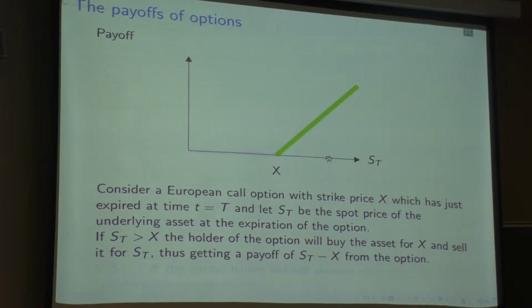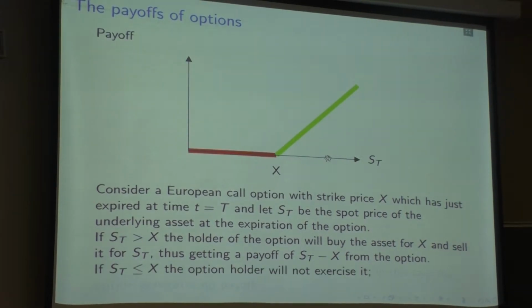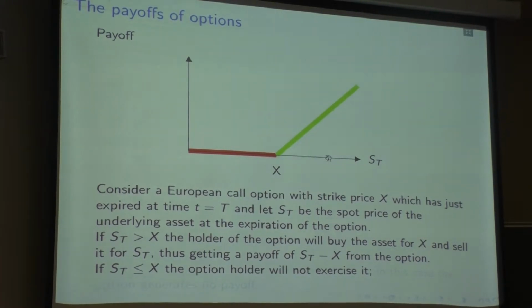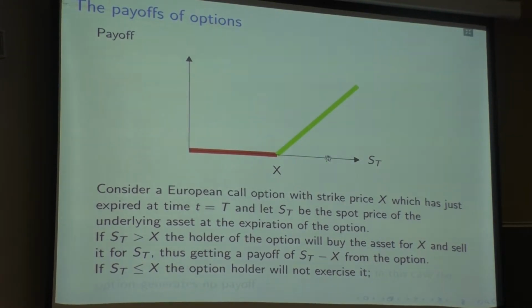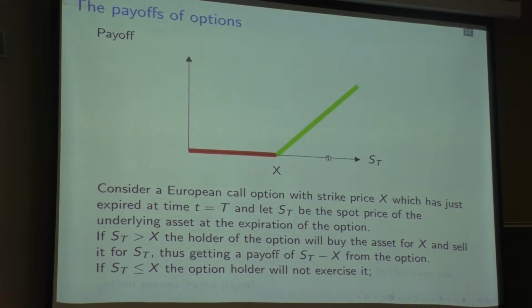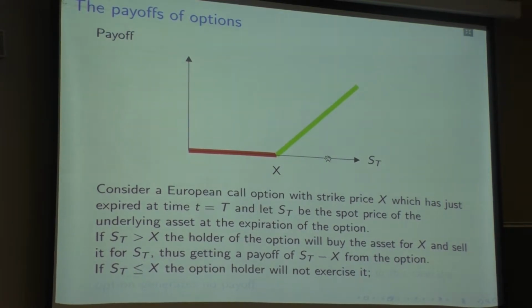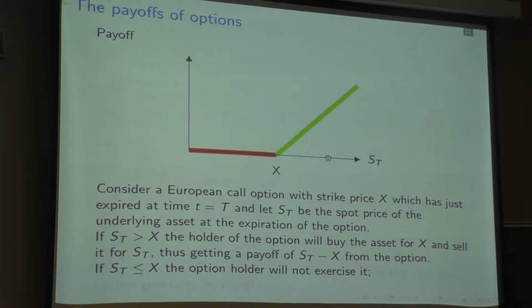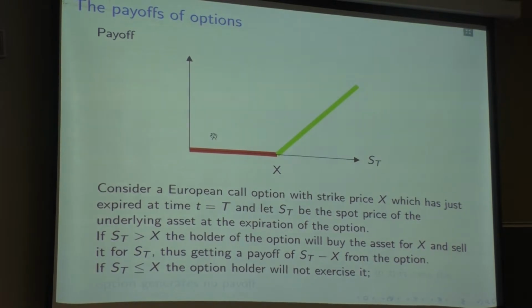On the other hand, if we observe at expiration a price which is below x, then yes, we have the right to buy it for x, but everyone else is buying and selling this stuff for less than x, so we're not going to exercise our option to buy it for x. And then nothing happens to us, and we don't get any profits, any payoffs.